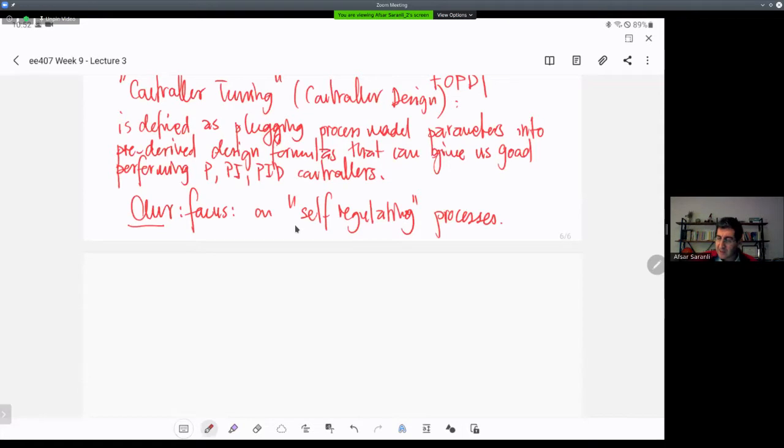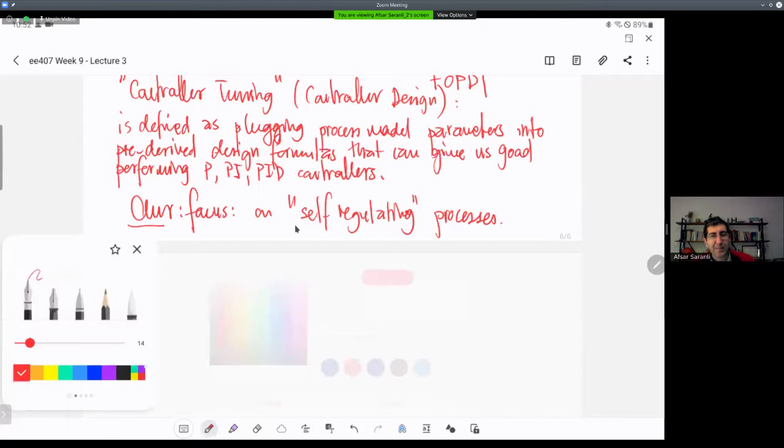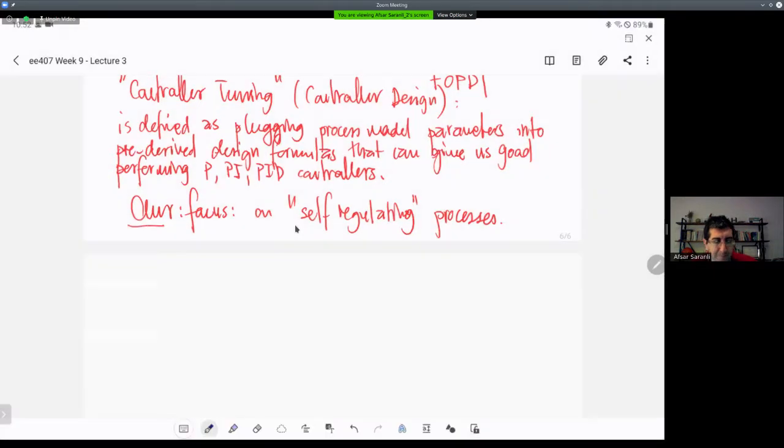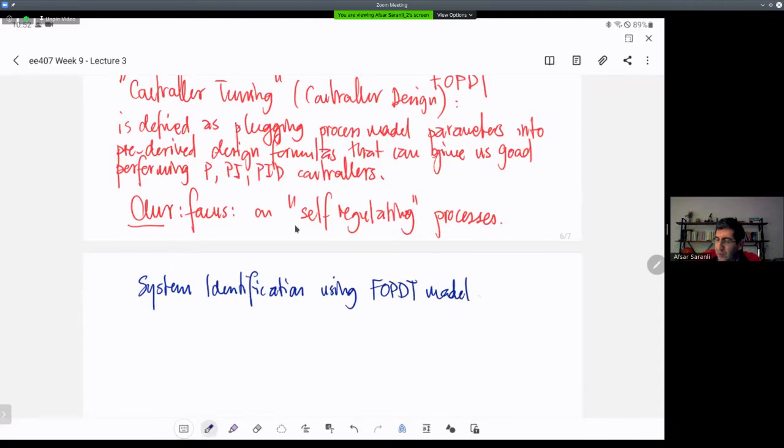So our next thing that we need to discuss is, okay, now we have a system model, first order plus dead time. How can I actually perform system identification using this FOPDT model, around, obviously, an operating point?